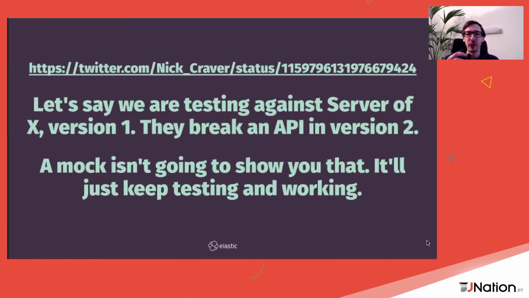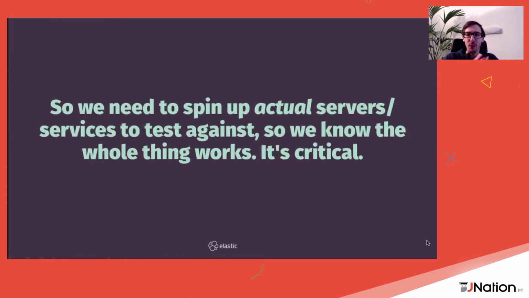And that's kind of the limitation, that a mock can tell you a lot of things, but it doesn't cover all the ground here, basically. So for some things, you need to spin up an actual server or service to test against. So to make sure that everything works, this is where you need to go.